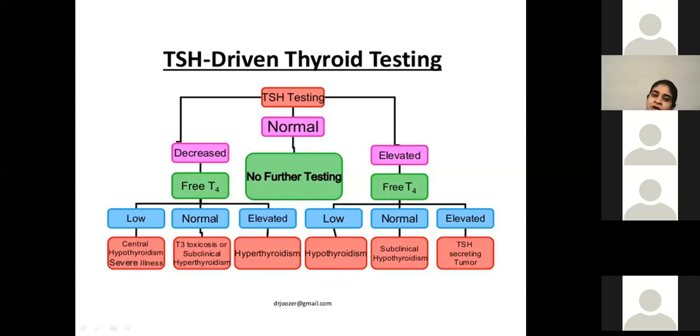Number one, you have the hormones that are being tested. Number two, we're talking about if there are different levels of it. And number three is talking about different conditions that those levels can represent. So three things all condensed into this one particular flow chart.